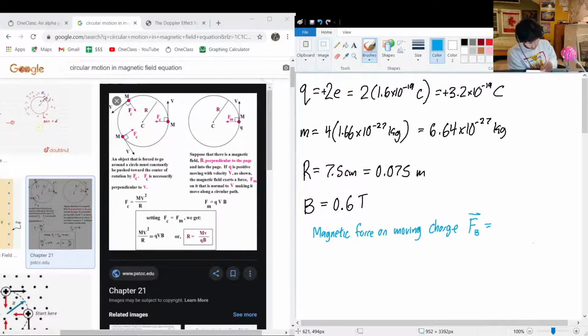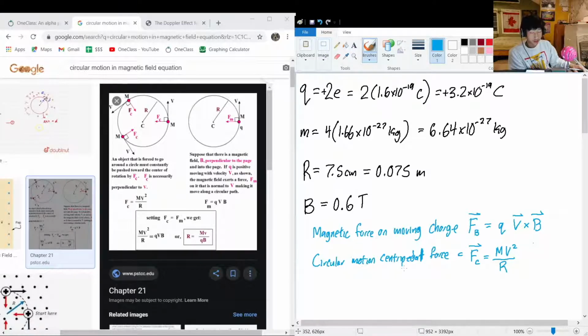It's going to be Q times the cross product of the velocity and the B field, the magnetic field, and circular motion, centripetal force, Fc as a vector is going to be mass velocity squared over r.